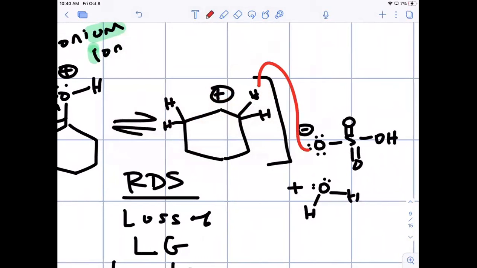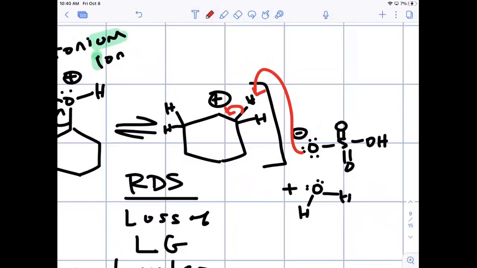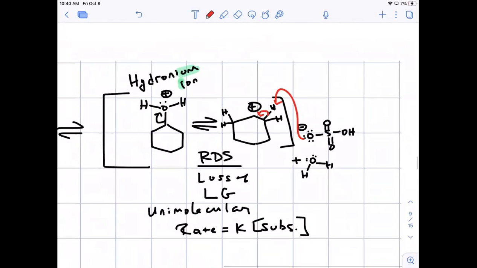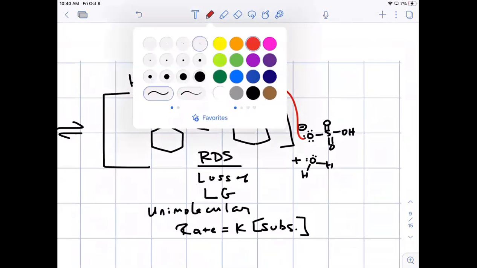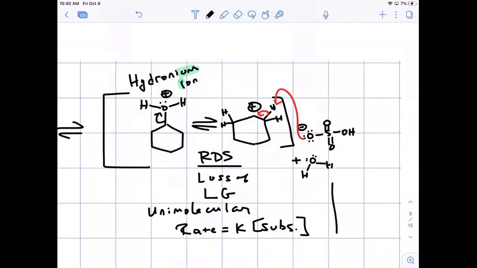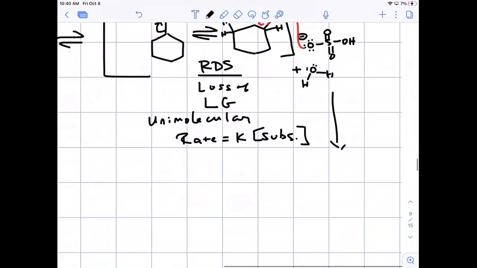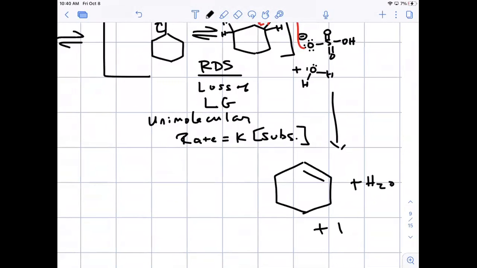So to eliminate, we'll just take that proton and we'll take those electrons and put them there, right? And so from that, we're going to get this product, where there's an alkene here, plus water, plus sulfuric acid, regenerated, right?